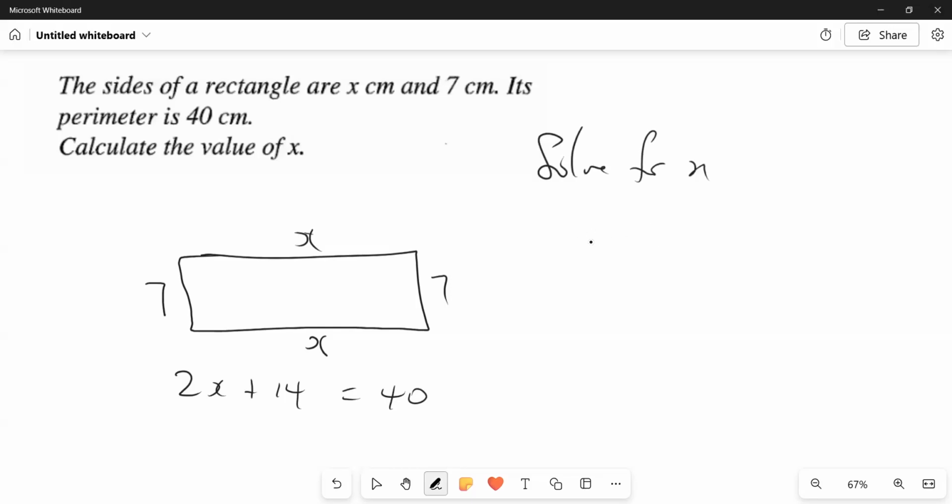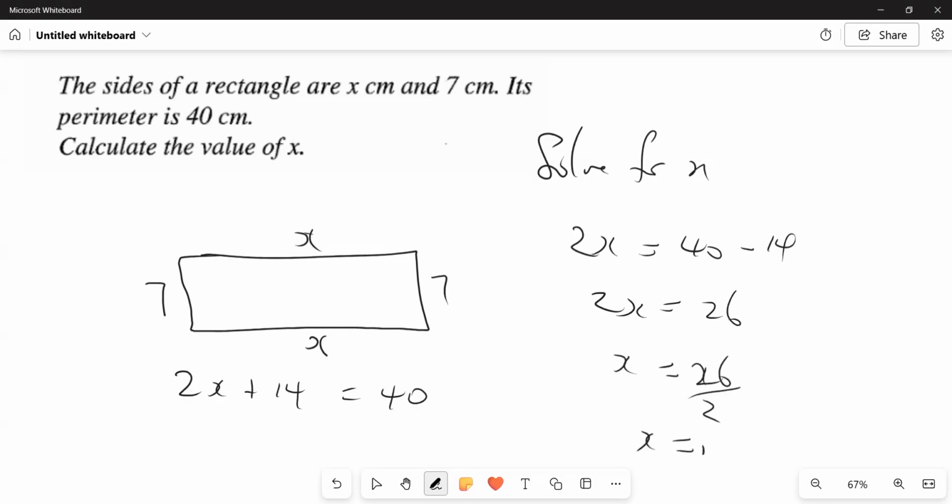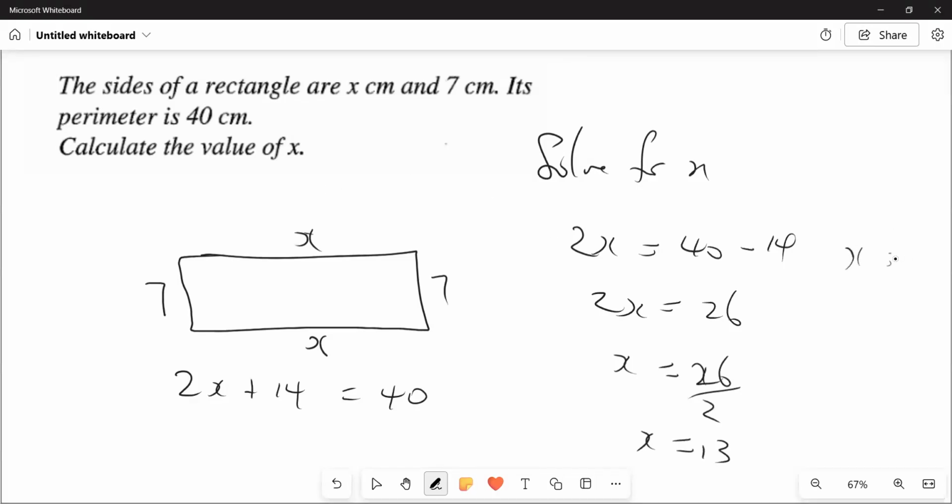So you take the 14 to the other side, so 2x equals 40 minus 14, 2x equals, what's that, 26. x then equals 13, or 26 divided by 2, x equals 13 cm.